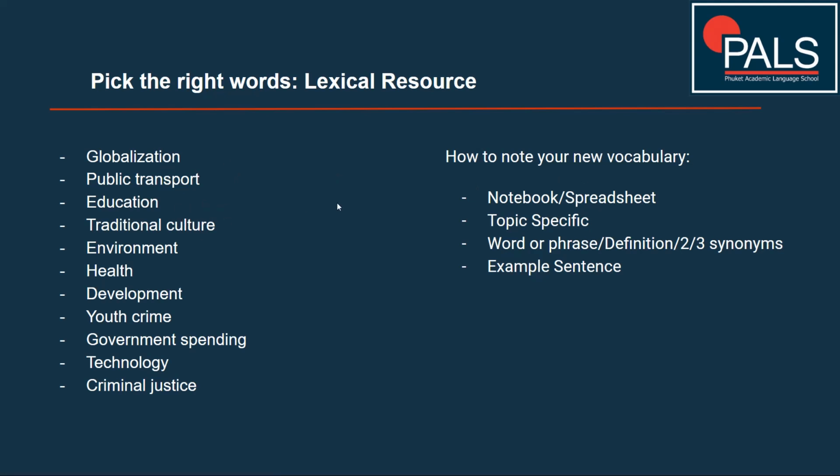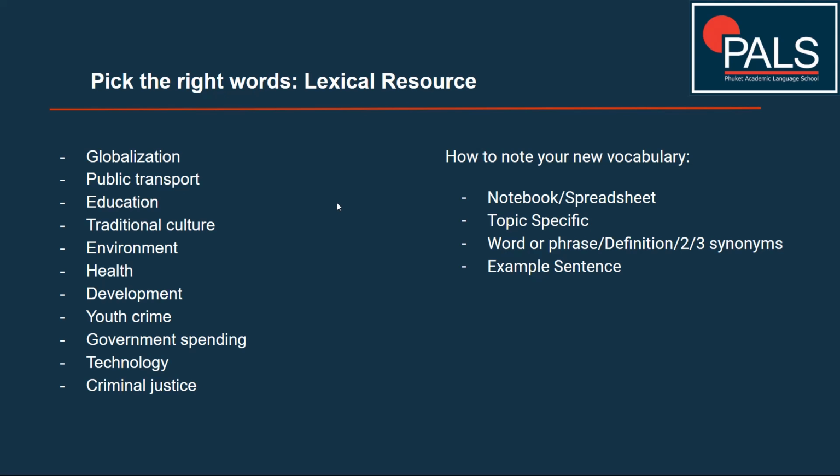So globalization, section 1, public transport, section 2, and leave plenty of pages in between. And on those pages, as you go through your preparation at home, your extensive reading with the BBC or The Guardian or Newsela, you will then start building up your lexical resource areas, topic by topic, as you practice at home.